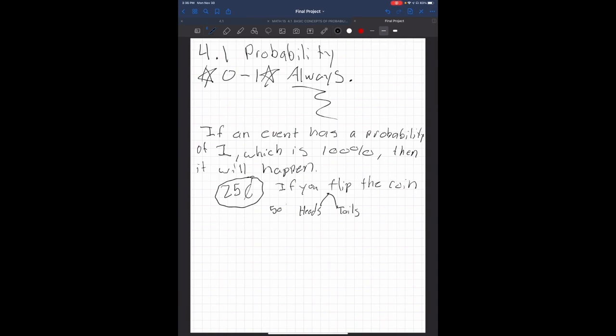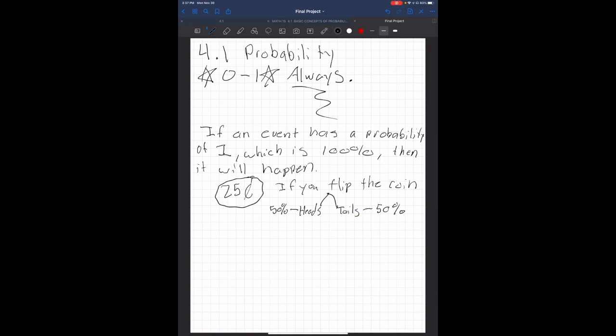Each has a 50% chance of happening because there are two options out of a total of two. So one of them happening is half of it, which is 50%. So there's a 50% chance, or a 0.5 probability, that you're going to get heads or tails.